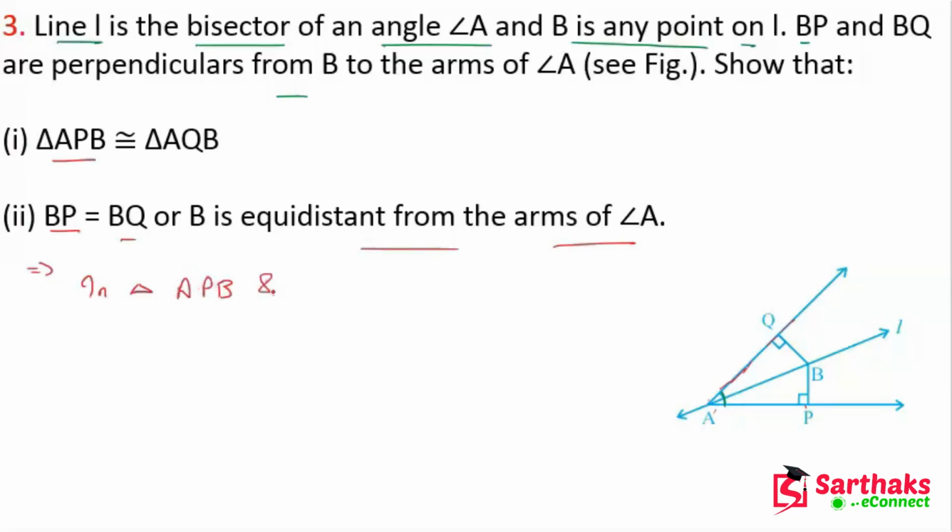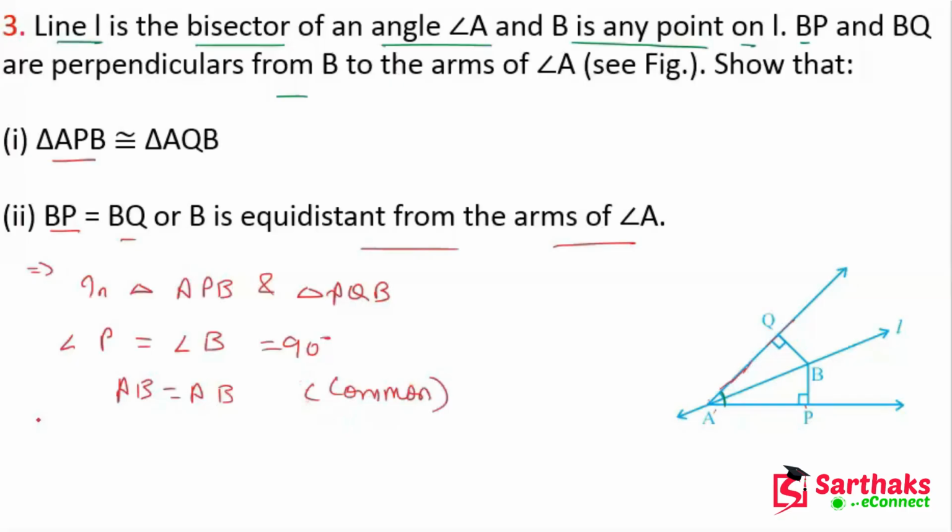So we can write, in triangle APB and triangle AQB, angle P is equal to angle Q, because they are right angles, they are 90 degrees. And we know that AB is equal to AB, this is common.